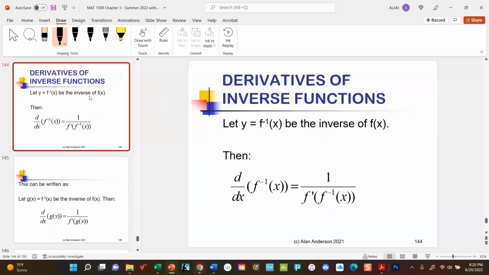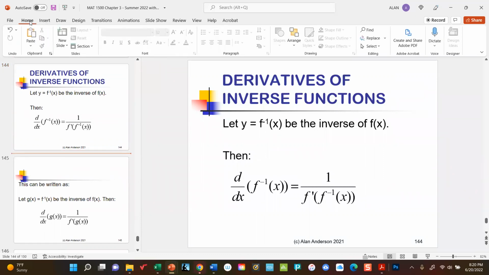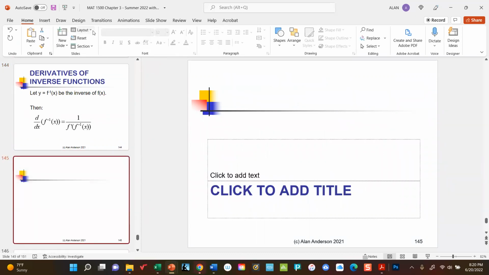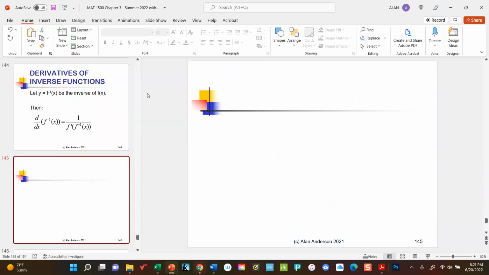Inverses are functions where essentially you can think of them as one offsetting the other. So just as a quick reminder of inverse functions, f of x equals x squared and f of x equals the square root of x are inverse functions.